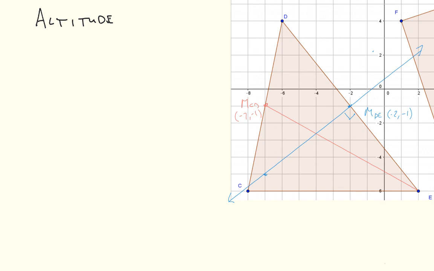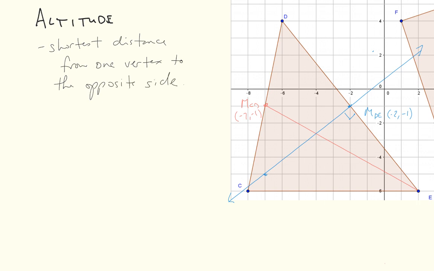The third line that could be added to the triangle, or a line segment in this case, is called the altitude. And the altitude is the shortest distance from one vertex to the opposite side. So if we were to come, for example, from vertex D and try and make our way from D to side CE, well, there's a couple different paths we could take.